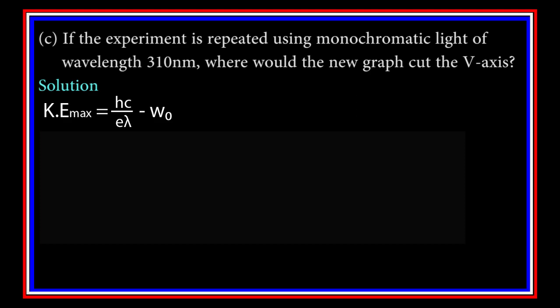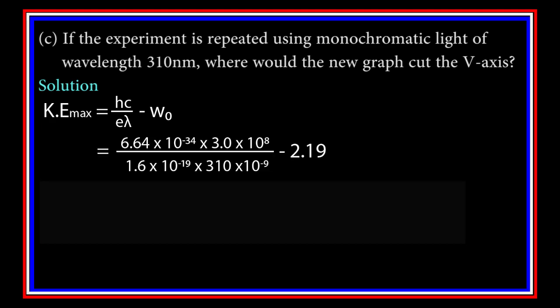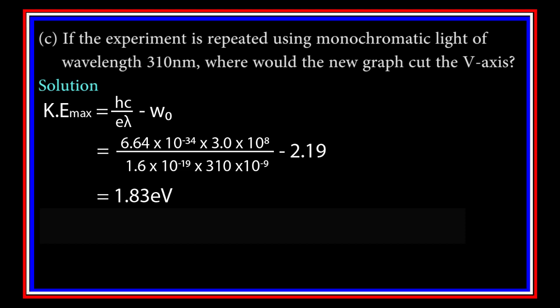From KE is equal to hc over e lambda minus W naught, 6.64 times 10 to the power negative 34 times 3.0 times 10 to the power 8 over 1.6 times 10 to the power negative 19 times 310 times 10 to the power negative 9, minus 2.19, is equal to 1.83 eV.